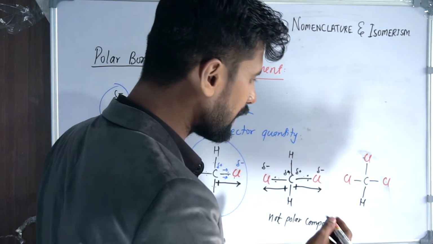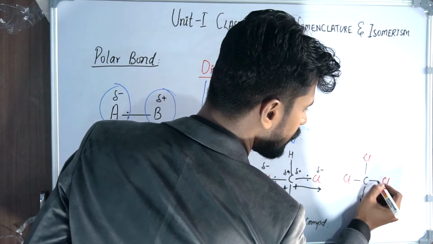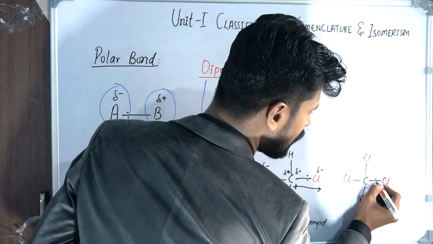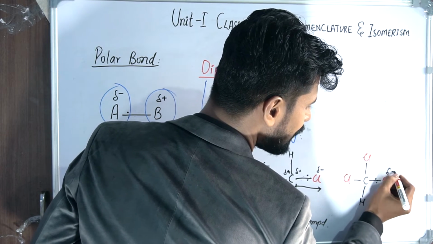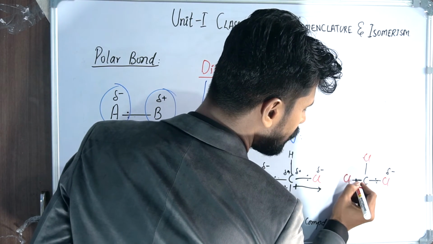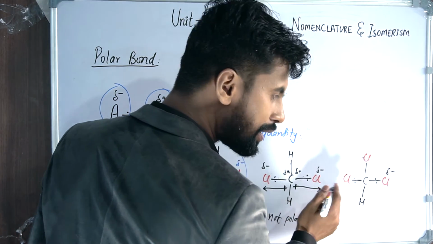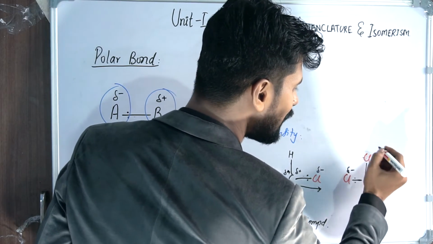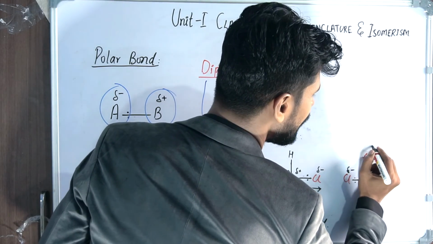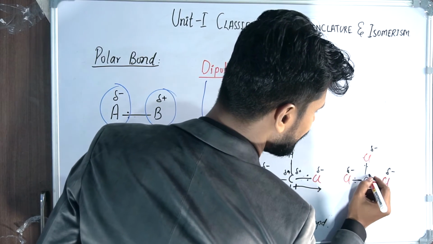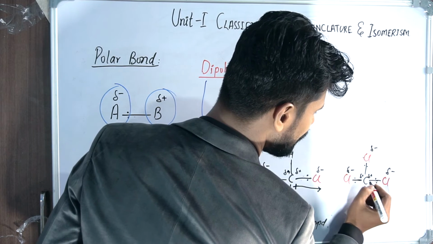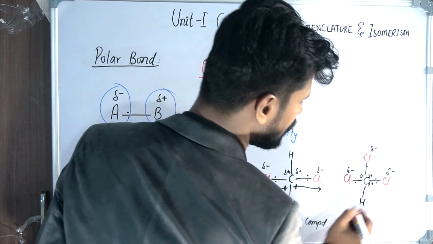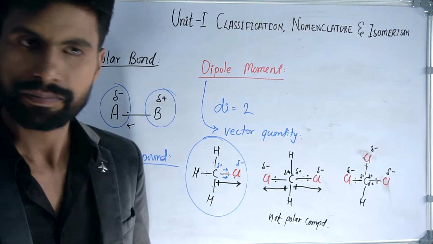Meanwhile, I will also explain it. If you see here, the bonding electrons will move towards chlorine, as a result delta negative. Here also the bonding electrons will move towards chlorine because chlorine is more electronegative, delta negative. Here also the same thing, delta negative. And three delta positives, delta positive, delta positive, delta positive, okay? Too many delta positives there.